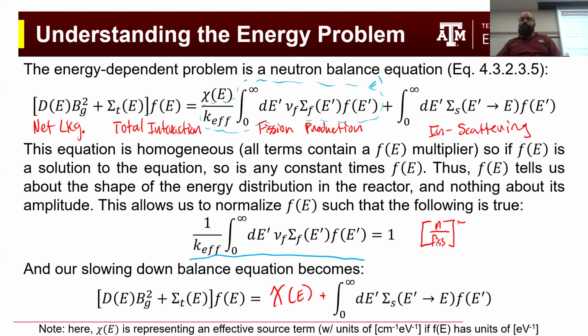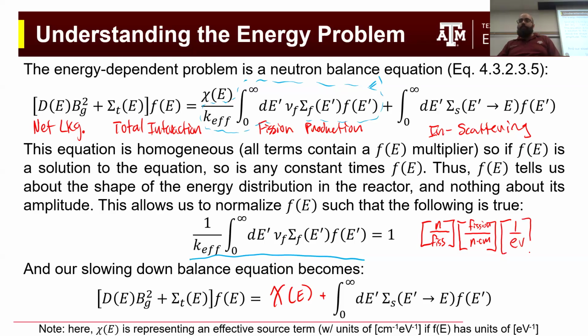What are the units of sigma f? Fission, number of reactions per neutron distance traveled. And then this f of E function is also an energy distribution function, or probability density function.